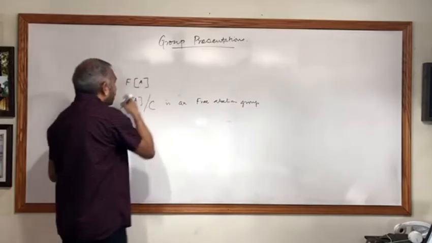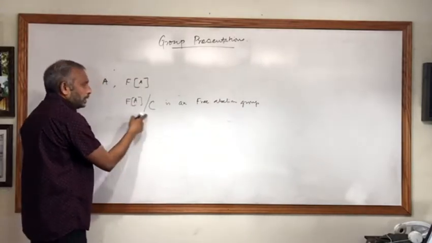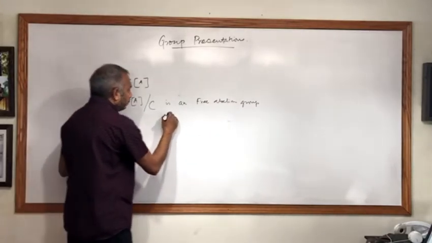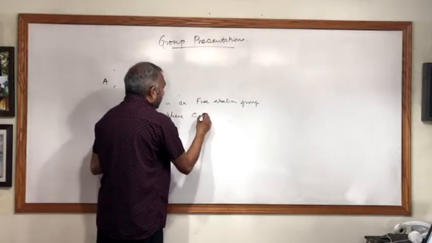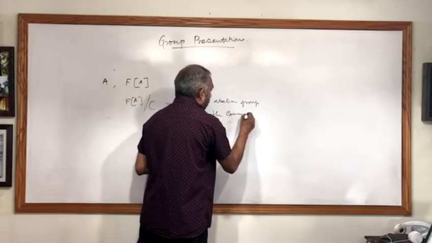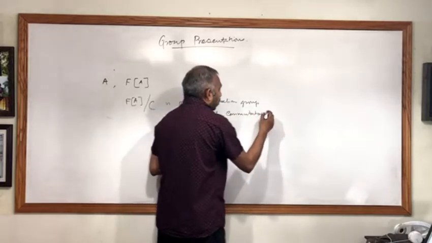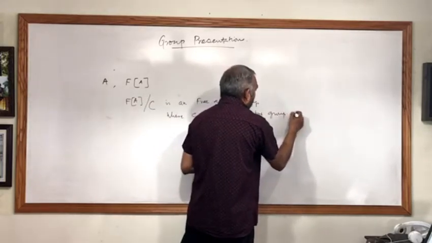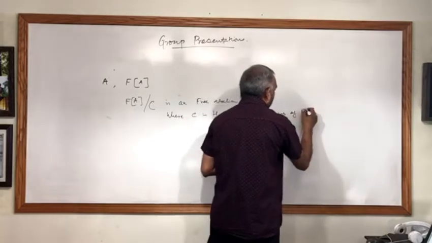F of A is not abelian, but this factor group is abelian, where C is the commutator group of F of A.